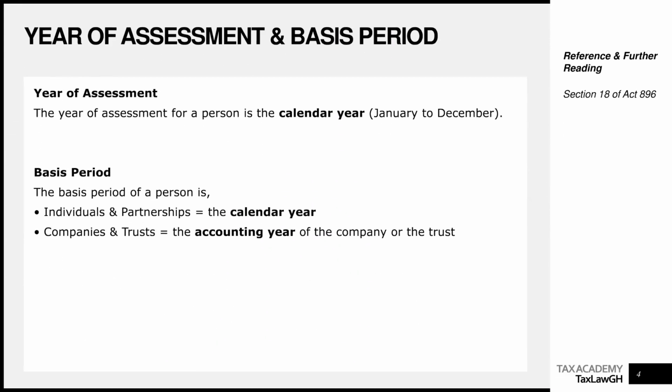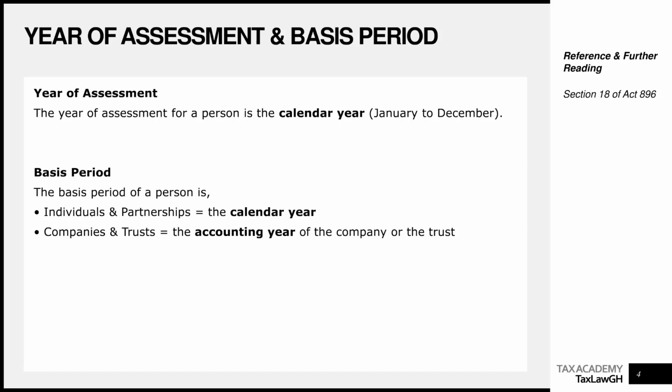Now that we know who a person is, let's look at concept number 2, which is the concept of the year of assessment and the concept of the basis period. A year of assessment in tax essentially means the calendar year, the same January to December that you and I are used to.